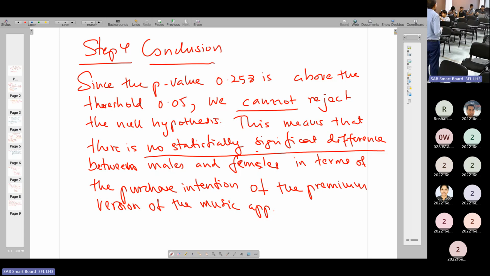Since the calculated sig value 0.258 is well above 0.05, you cannot reject the null hypothesis, which means that there is no significant difference between males and females in terms of what? The purchase intention of the music premium. Understood? Same thing for the other variables. Again, how many steps are there?